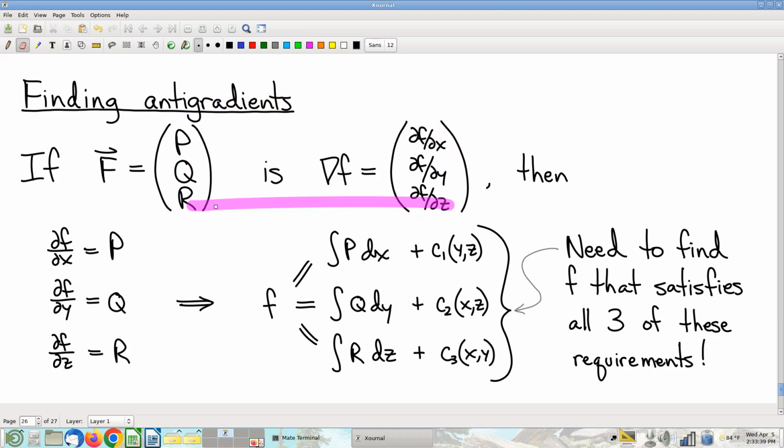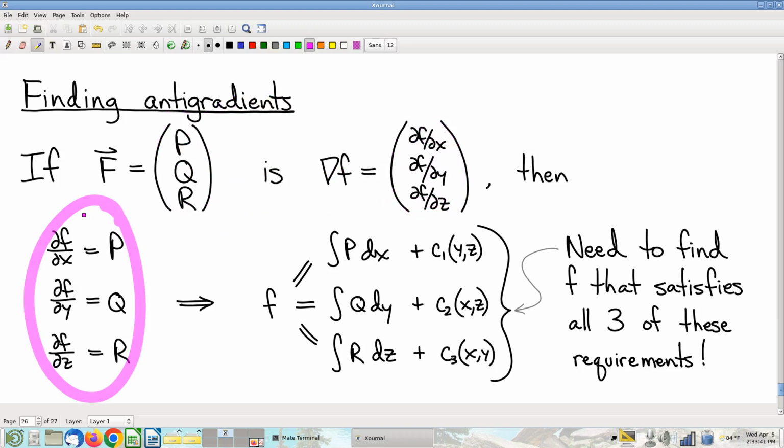And that means that really all I have to do is find a function that satisfies these three partial derivative equations, AKA these three anti-partial equations. I just need to find a function f that's equal to all three of these anti-partials. That's kind of it. Now there's a twist.